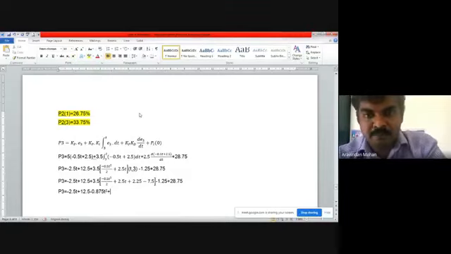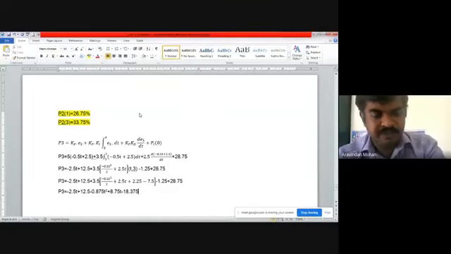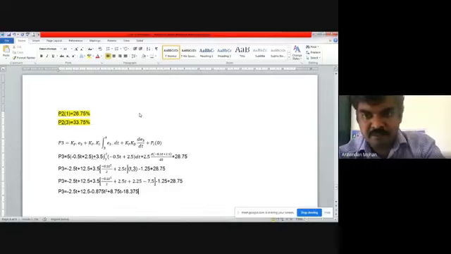plus 3.5 into 2.5, it becomes 8.75t minus 18.375. Okay, when you multiply those things, minus 1.25 plus 28.75, வந்து நீங்க calculate பண்ணிட்டு, if you multiply that particular term with the 3.5, you will be getting minus 18.375.